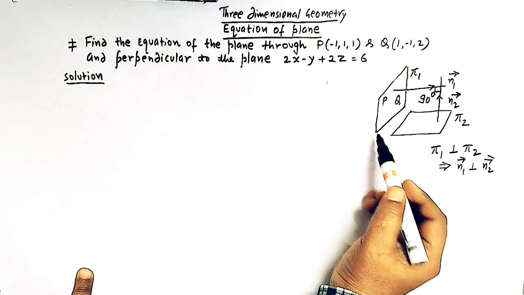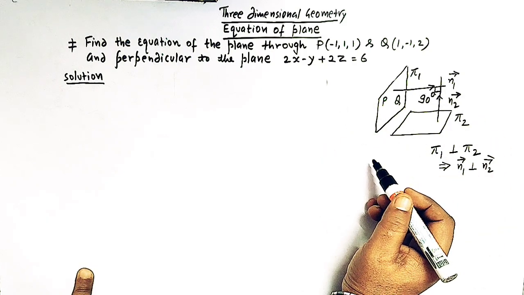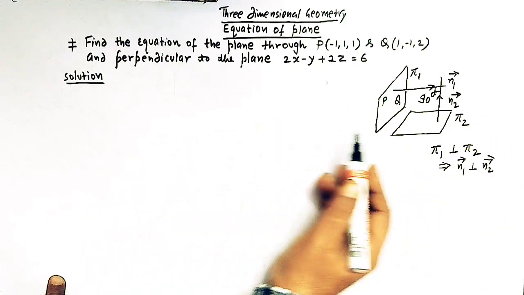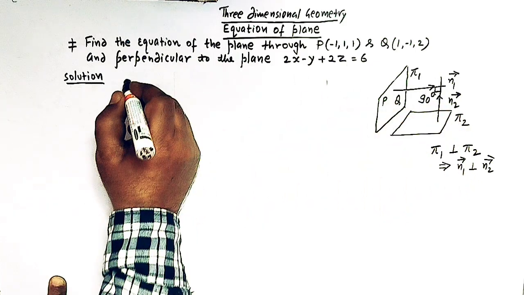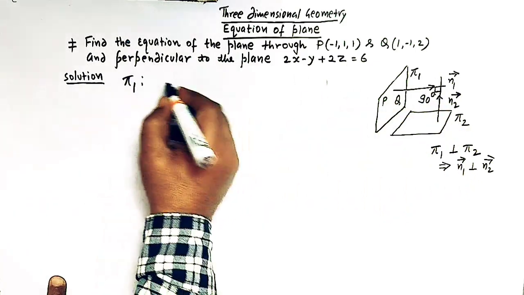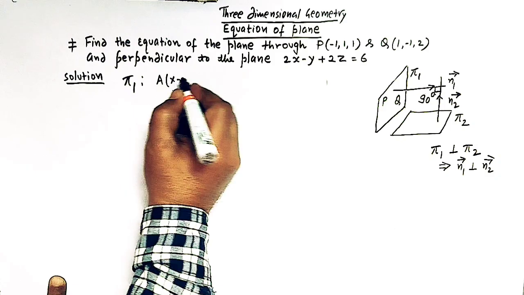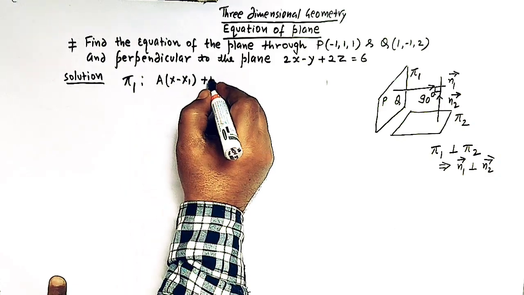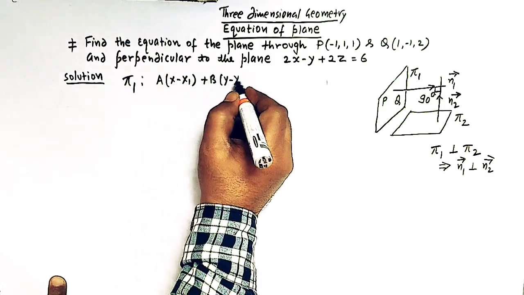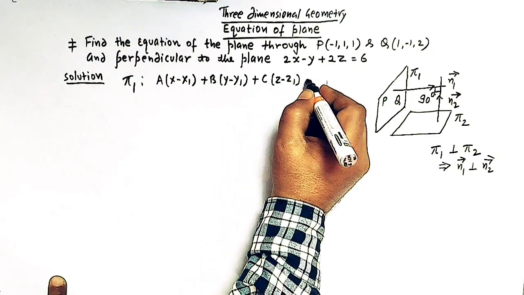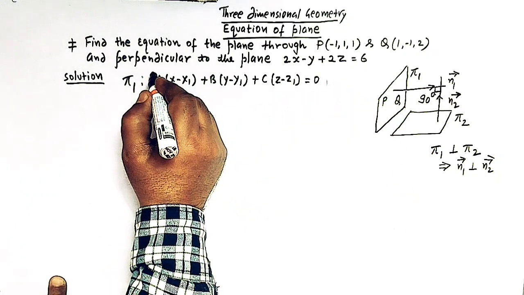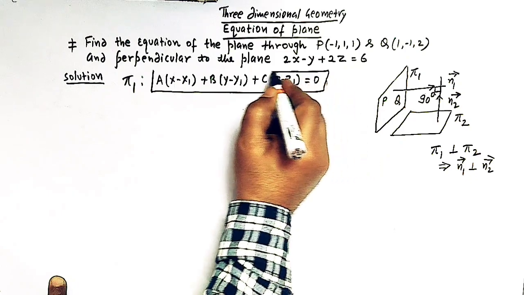So here we'll apply the concept of direction ratios, and let us first write the equation of the plane pi 1 as a(x - x1) + b(y - y1) + c(z - z1) = 0. So this is an important concept, right?